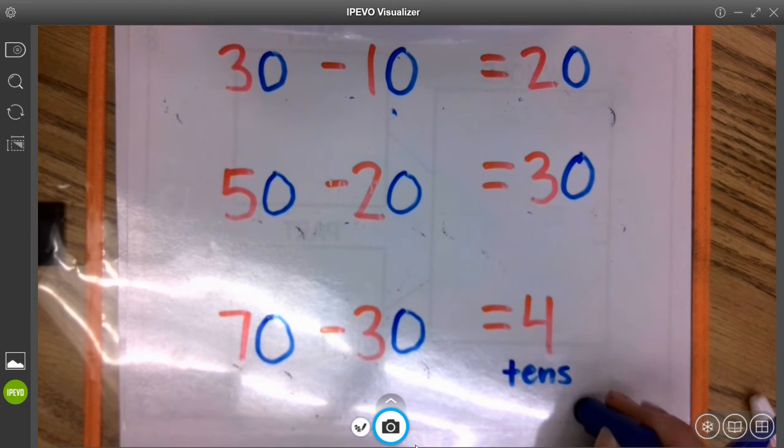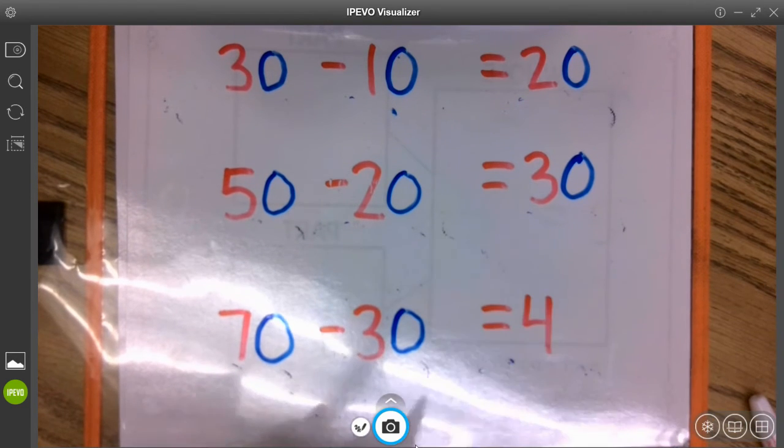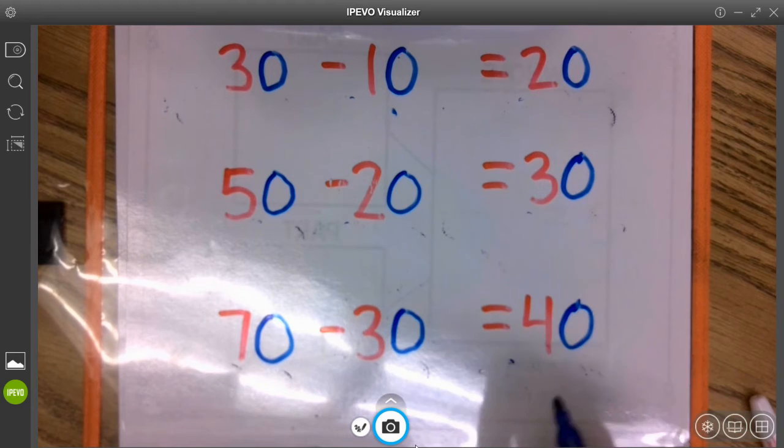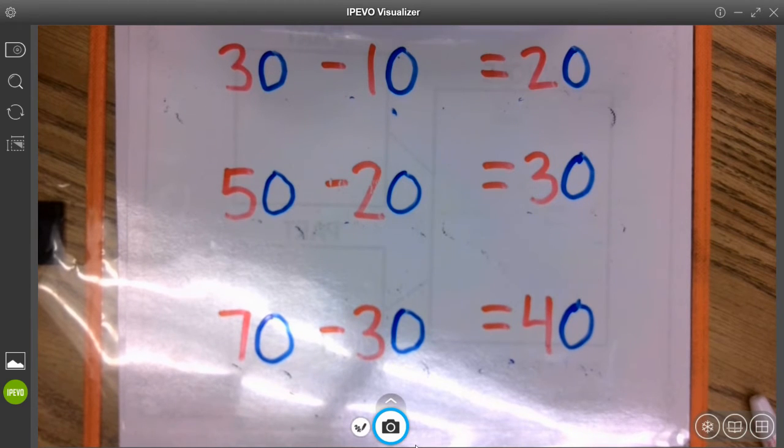And 4 tens is 40. But notice what stayed the same.